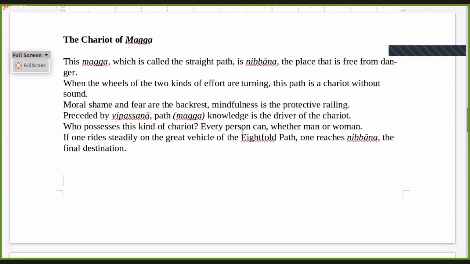Mindfulness of every physical and mental phenomenon as it arises keeps you secure from the danger of akusala, unmeritorious deeds.